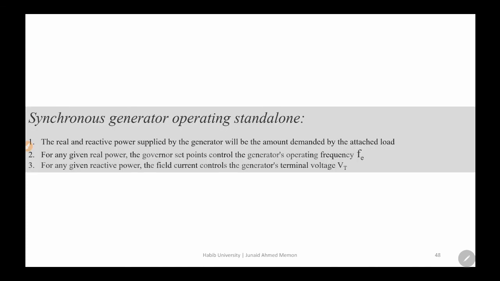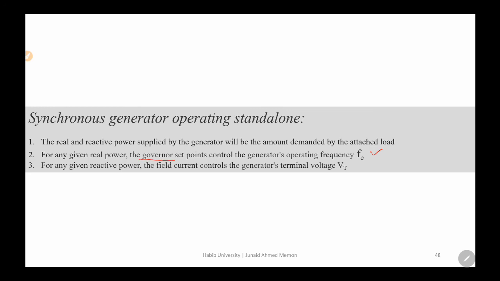Okay, so let's summarize what we have done so far. We learned that the synchronous generator is operating standalone. The real and reactive power supplied by the generator depends upon the load. That's obvious in the case of the synchronous generator, and the frequency of the electric power will depend upon the mechanical speed of the prime mover, which is basically set by the governor.